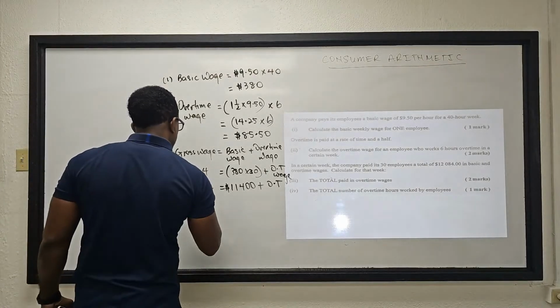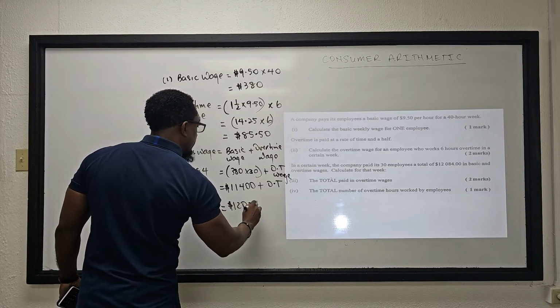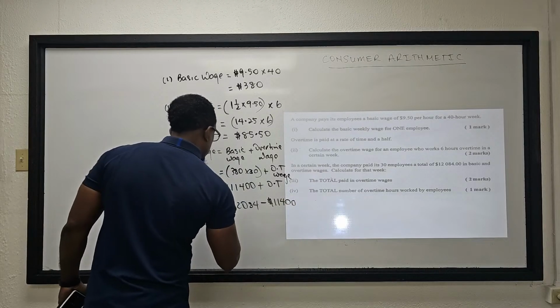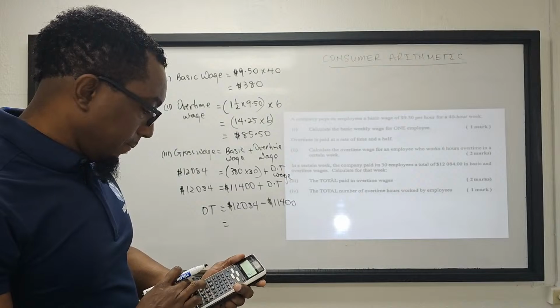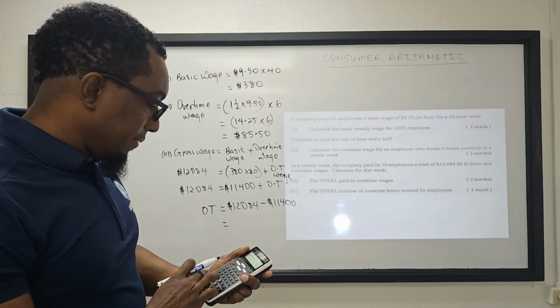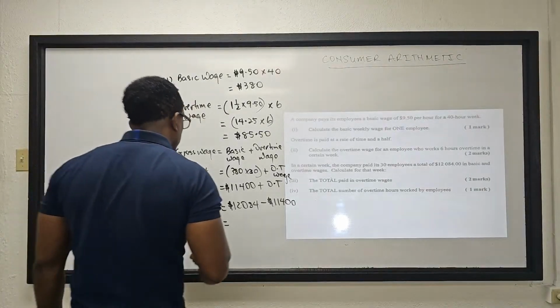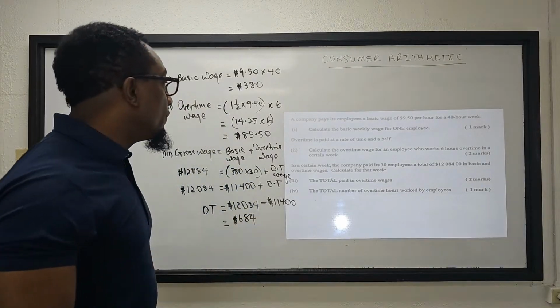So the overtime wage will be $12,084 subtract 11,400, which is $684. Will be the overtime wages.